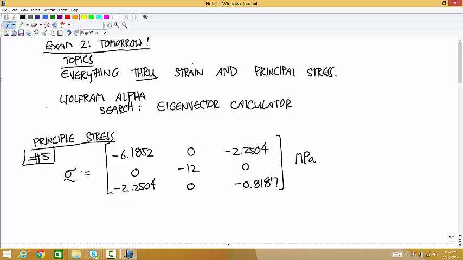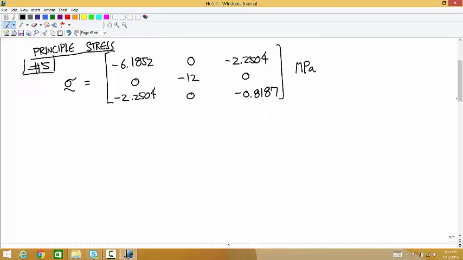So first draw the stress element, then calculate the principal stresses, give the principal stress tensor in a coordinate system that you draw, calculate the strain, maximum shear stress, that kind of stuff. All these problems are the same.